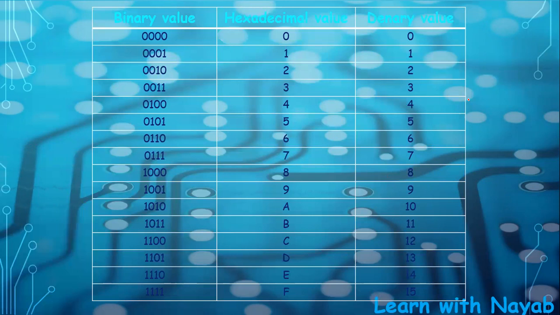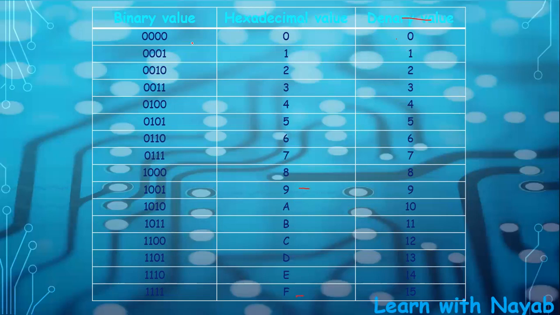This is a big table comparing the hexadecimal, binary, and denary values of all the numbers. Denary values are the simplest, which we use in daily life: 0, 1, 2, 3 until 15. The hexadecimal values change after 9: 0, 1, 2, 3, up to 9, and then A, B, C, D, E, F, up to 15.